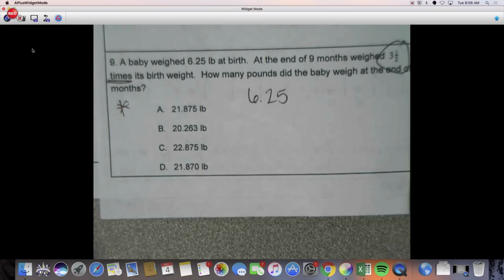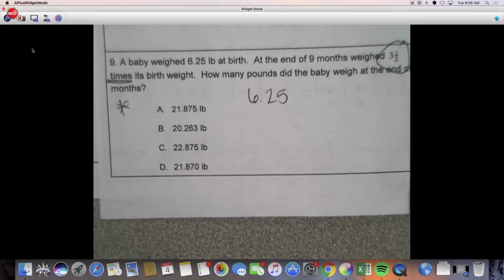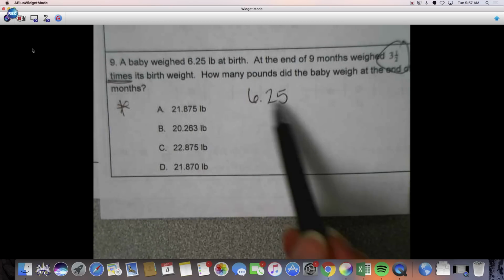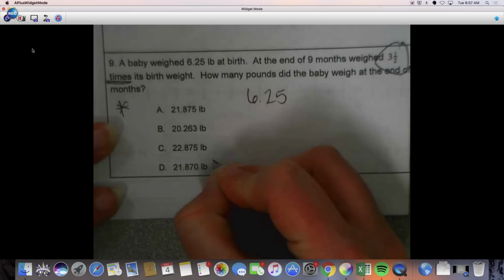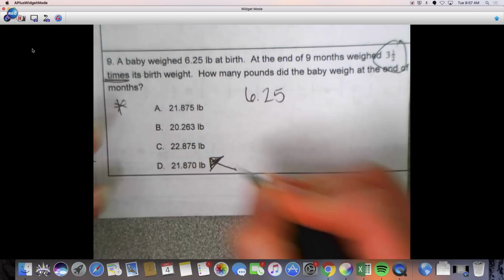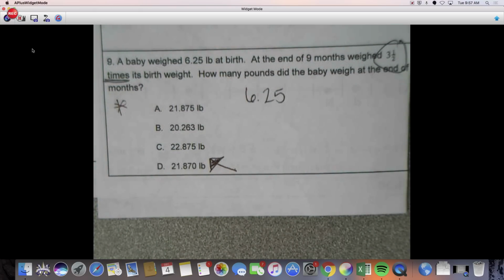Multiply. How many pounds did the baby weigh at the end of 9 months? So, if we know we have to multiply, I can't multiply a decimal times a fraction. But my answer choices are all in what form? Decimal. So how can I turn 3 1/2 into decimal form?